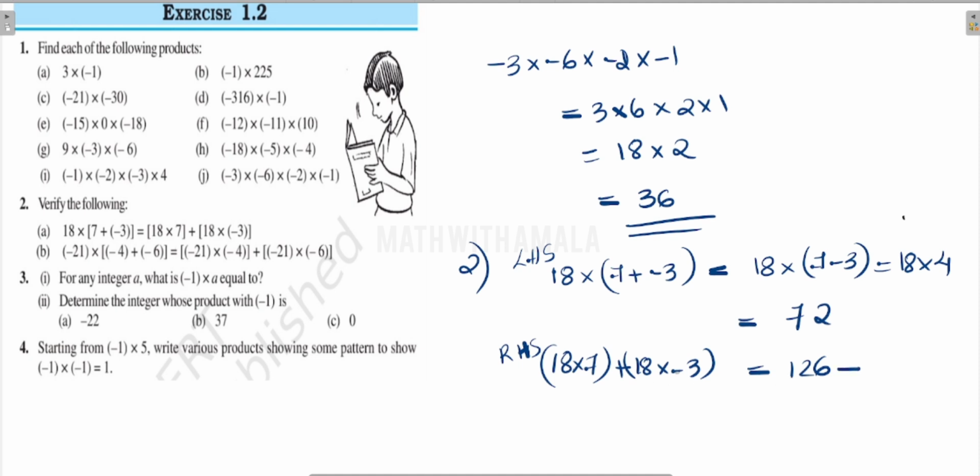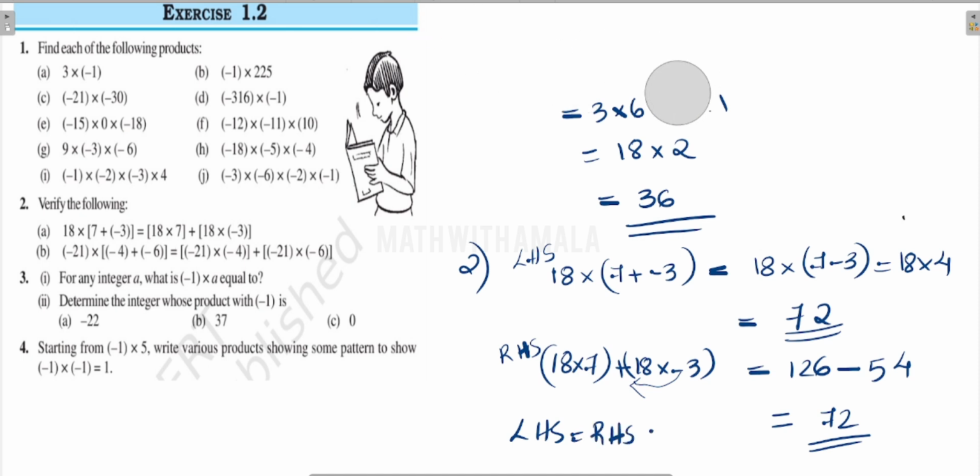Then 18 into minus 3. Let's take the negative towards the positivity, so that will be negative over there. Then 8 3s are 24. Then 1 into 3, 3 plus 2, 5. 126 minus 54 is 72. So we can see that both LHS and RHS are same here.